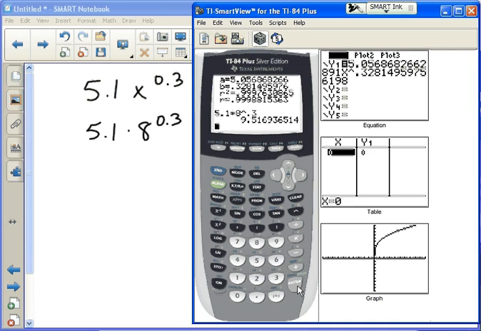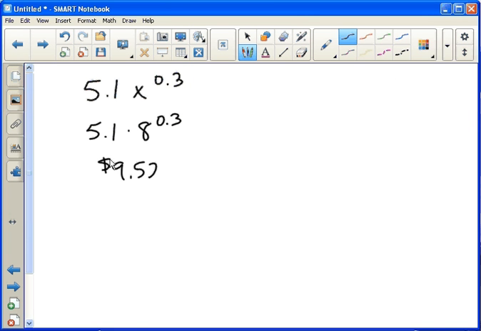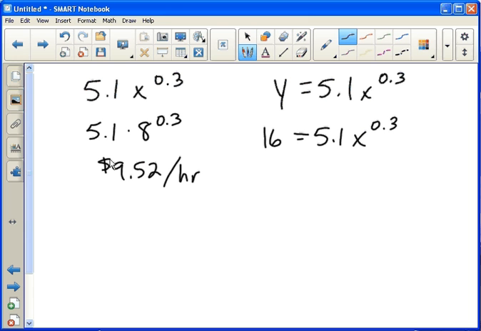And then C says, using this equation, estimate the number of years worked for someone who's paid $16 an hour. So the equation, I should write it this way, y equals 5.1 x raised to the 0.3. And if someone is making $16 an hour, we want to find x to know how much they worked. Okay, there's a couple different ways you could solve it. I would recommend dividing by 5.1 first. So I get 16 over 5.1 equals x to the 0.3. Just like we got rid of the 3 halves by raising it to the 2/3, I can get rid of the 0.3 by raising it to the 1 over 0.3.